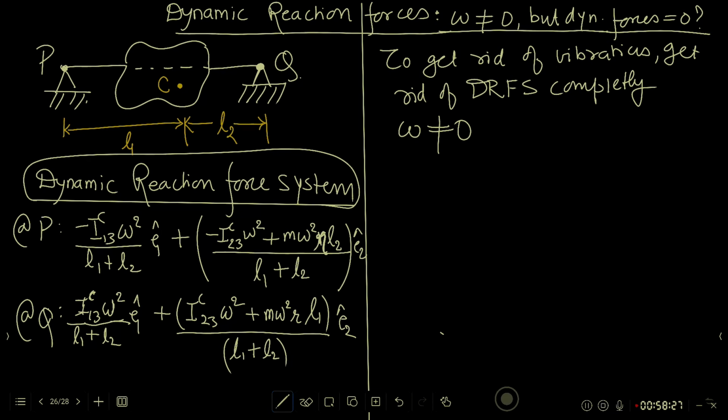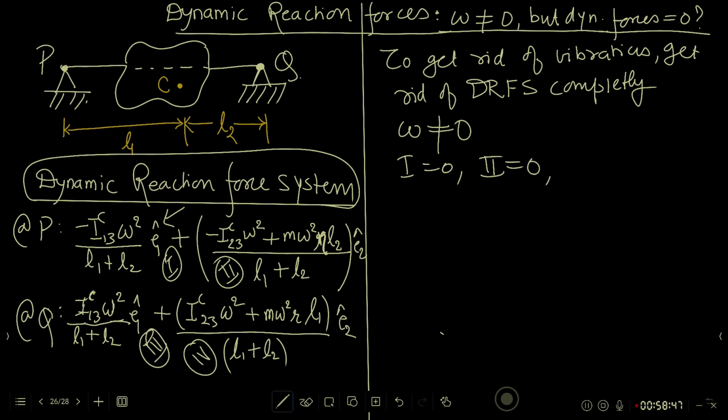Let's focus on this. How do I kill this? Let me call it 1, 2, 3 and 4. 1 and 2 can be made 0 if your IC13 is 0 and omega is not 0.